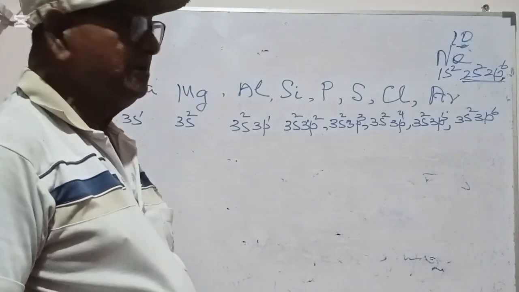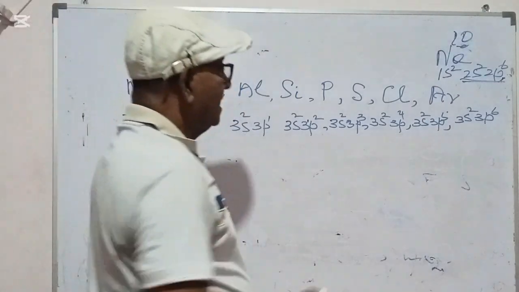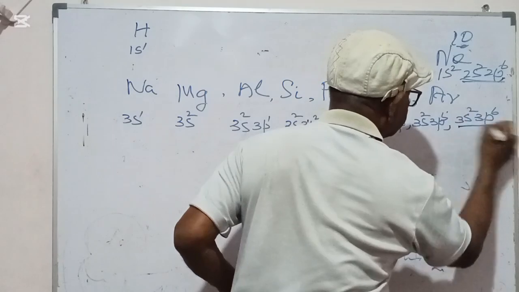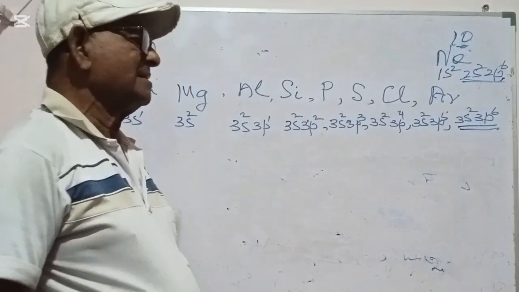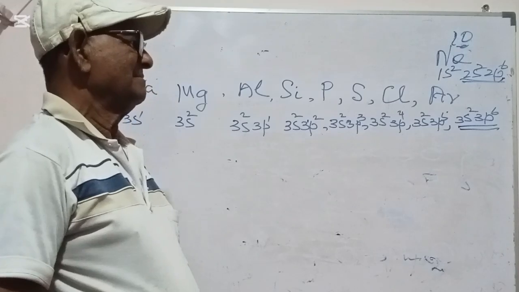Again, can you see? Argon also completed the octet. Octet is the stable configuration.